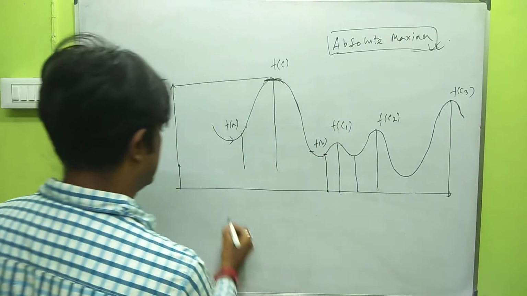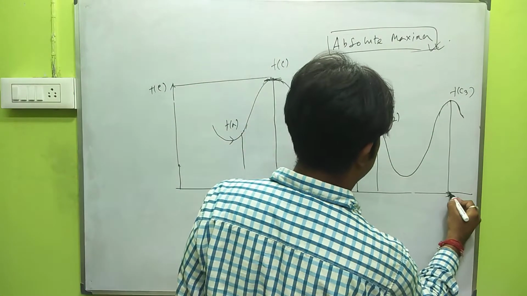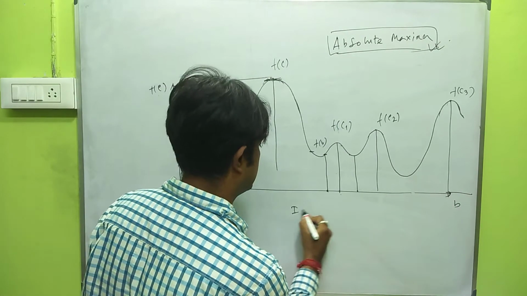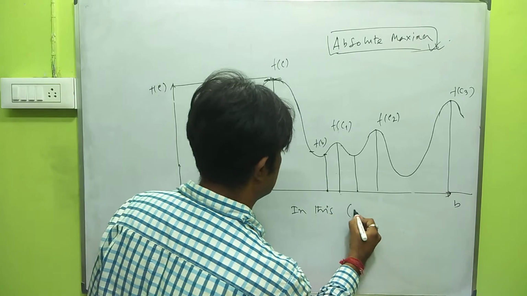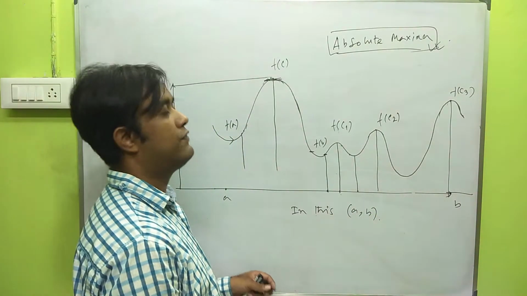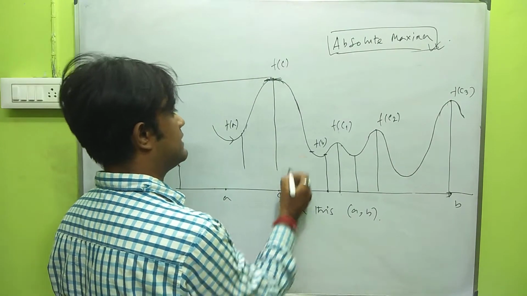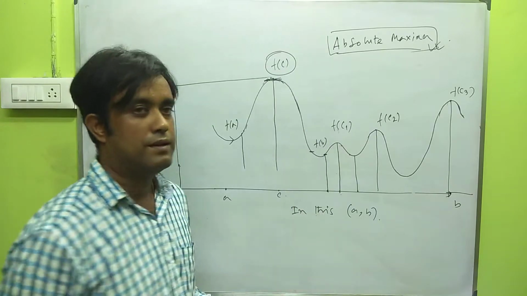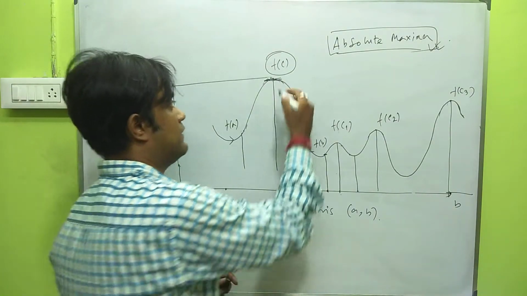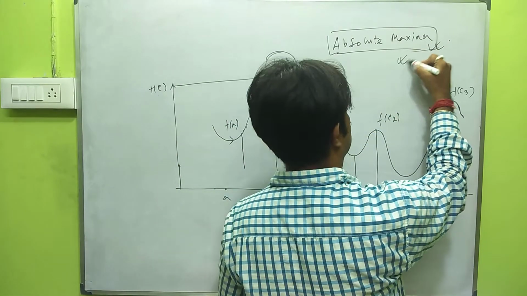In this region, suppose this is A and this is B. In this domain AB, the function f(x) has the highest peak value at C, that is the maximum local value f of c, and this maximum local value is called the absolute maximum.